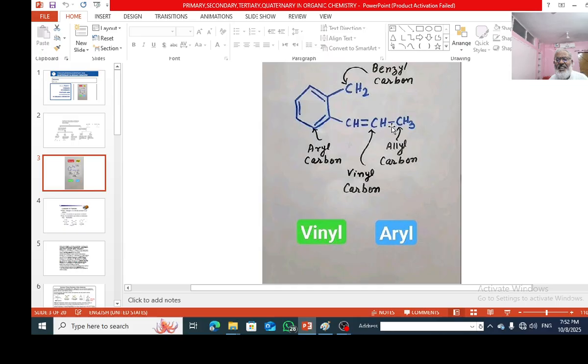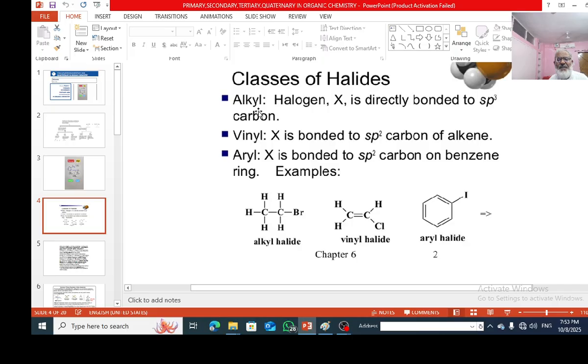Classification of halides. In alkyl halides, the halogen X is directly bonded to an sp3 carbon, like CH3Cl, C2H5Cl. These are the alkyl halides. Alkyl halides are also classified into 3 categories: primary, secondary, and tertiary alkyl halide.